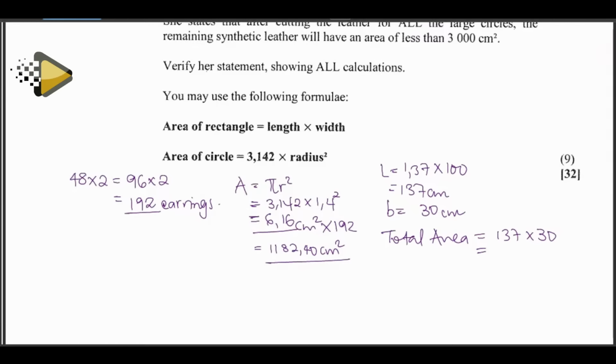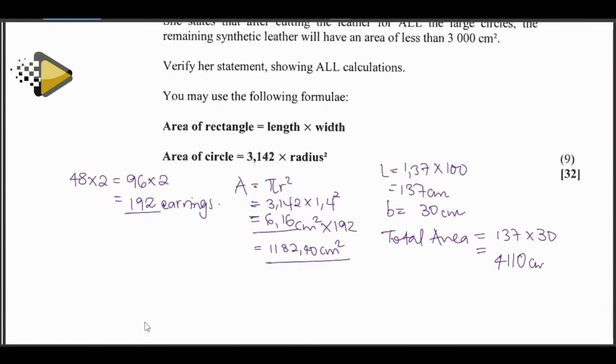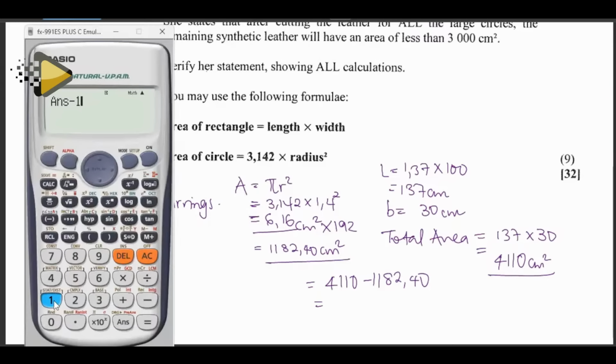137 times 30. You have 4,110 centimeters squared. Now, of this, we are going to remove this much. So it's going to be this much minus 1,182.40.